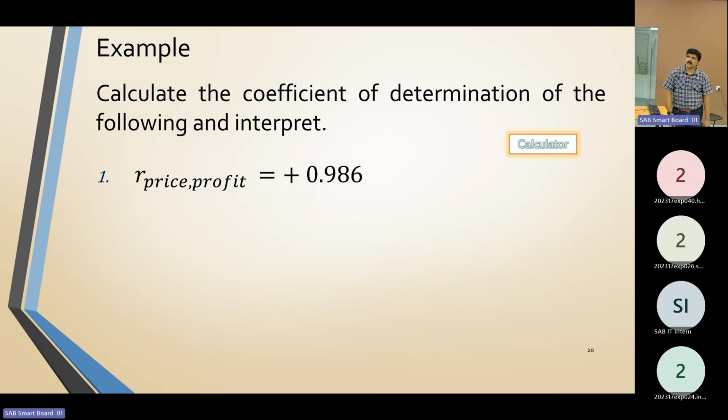Calculate the coefficient of determination of the following and interpret. The R value between price and profit is plus 0.986.